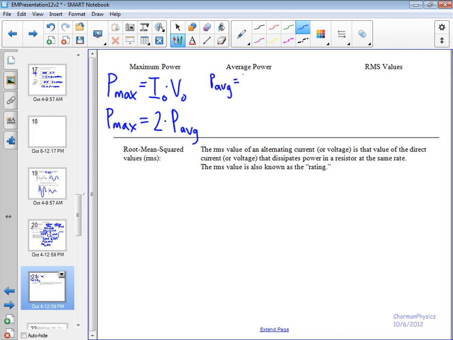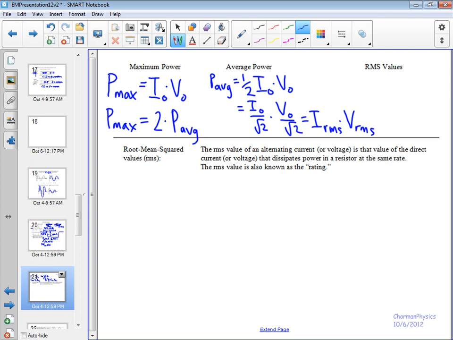And so in this case, the average power is equal to 1/2 the maximum power, which is I naught times V naught. And we can actually split this up into I naught divided by the square root of 2 times V naught divided by the square root of 2. And we have these 2 new terms. These 2 new terms are called the root mean square of the current and the root mean square of the voltage.